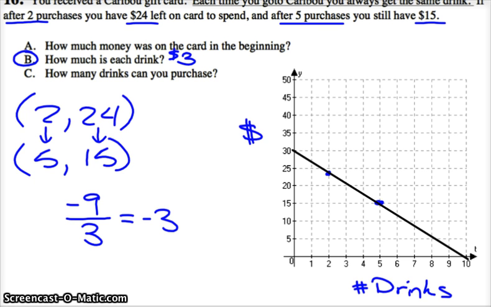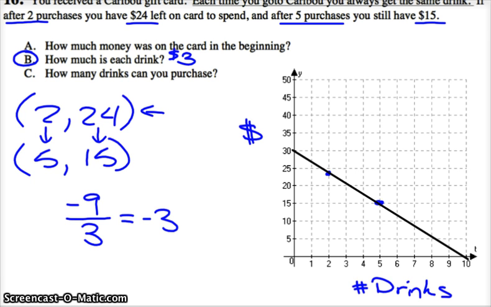Let's go to A. How much money was on the card at the beginning? You'll notice after 2 drinks, we had $24 left. So after buying 2 drinks, we have 24 left, which means we have to add back those 2 drinks, each drink being $3. 2 times 3 is 6. So we've spent $6 once we've bought our second drink.